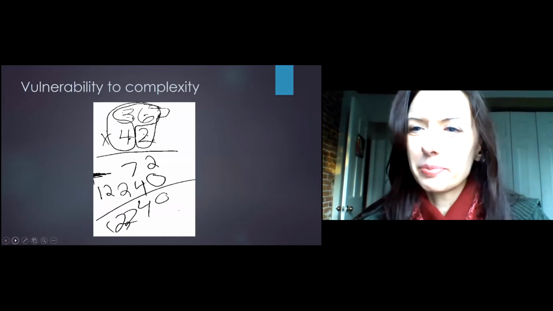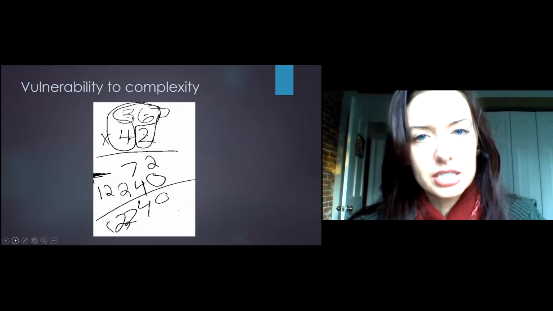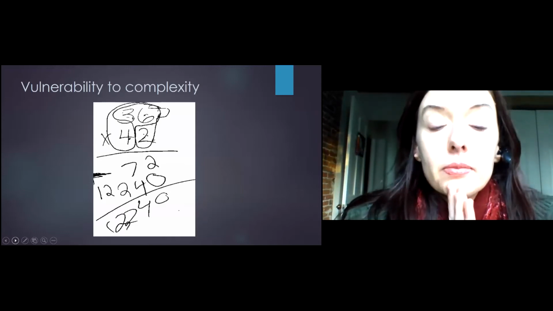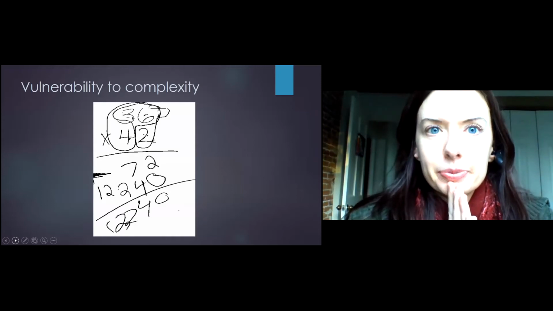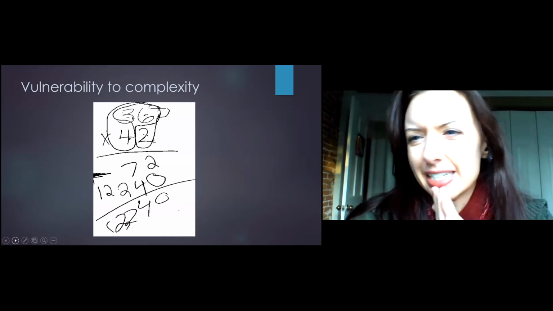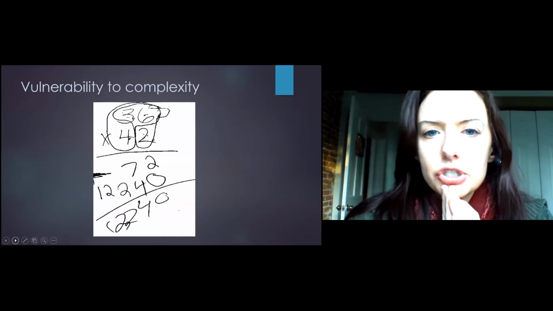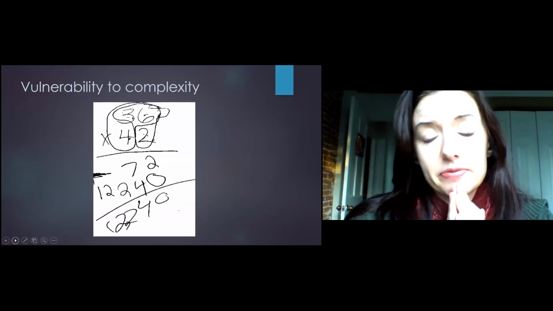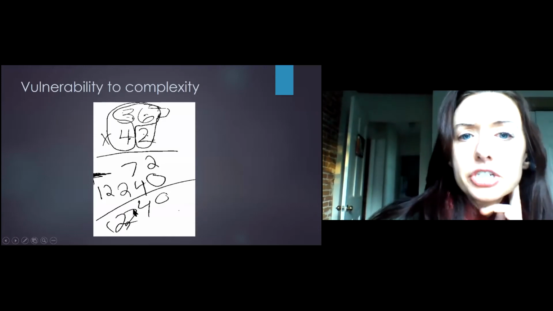All right, vulnerability to complexity. So this particular student could do multi-digit multiplication when it involved numbers in the 10s, like in the teens, but she really struggled when there were larger numbers involved. So here she did it fine.